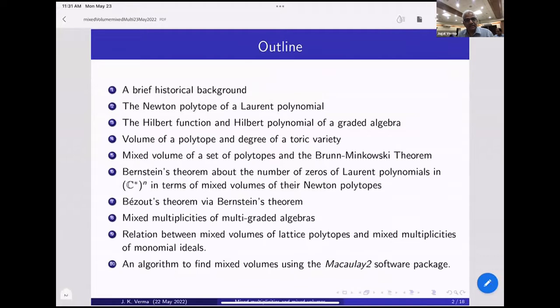Then I will explain how degree of a toric variety can be computed in terms of certain volume of a polytope. I will then discuss the Brunn-Minkowski theorem for mixed volume of a set of polytopes.